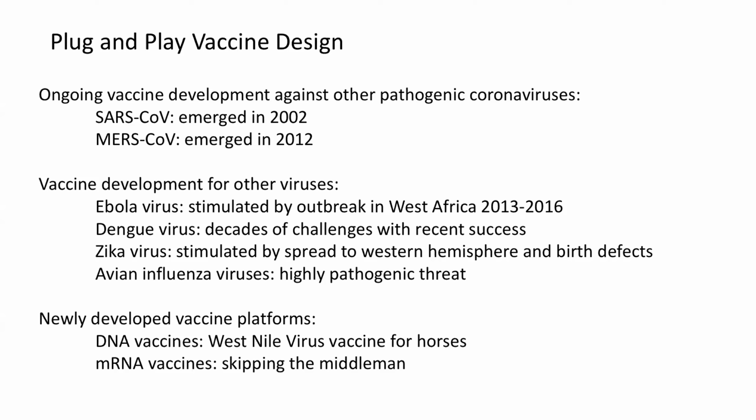Like if they've already been through clinical trials in one form, just replacing that one antigen allows those trials to go through more quickly. And so some of this is based on ongoing vaccine development against other pathogenic coronaviruses.